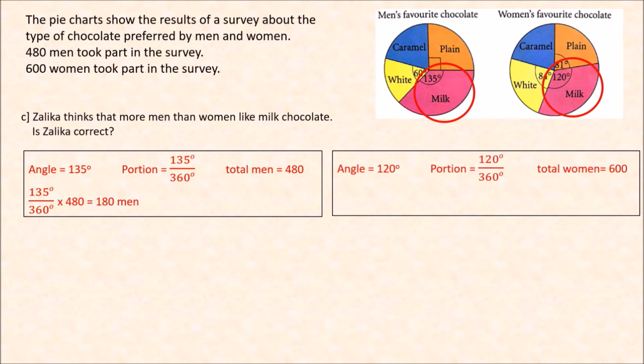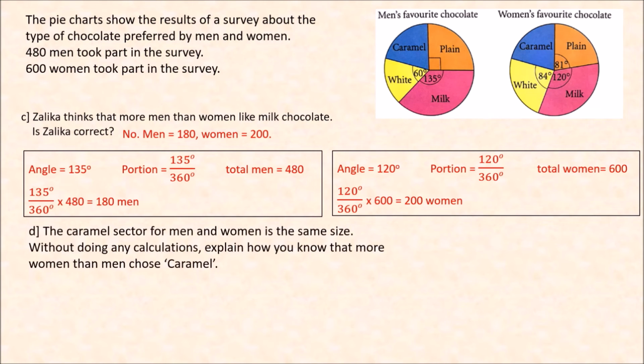For women, the angle is 120, so this proportion is 120 over 360. Multiply that by 600 women, and we see that 200 women chose milk chocolate. So no, Zalika is not correct, because only 180 men chose milk chocolate, while 200 women did. There are more women who chose milk chocolate.